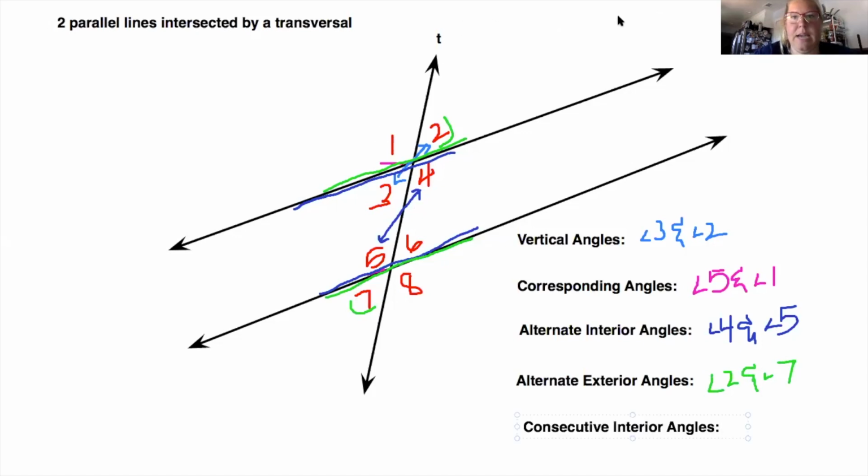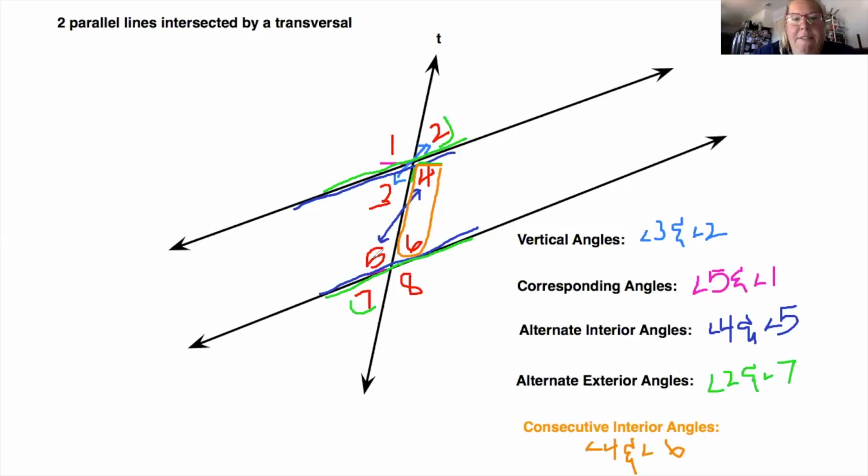And lastly, I needed to add in consecutive interior angles. Those are the angles that are on the inside, like the blue, but not across. 4 and 6 are on the inside, on the same side of the transversal.